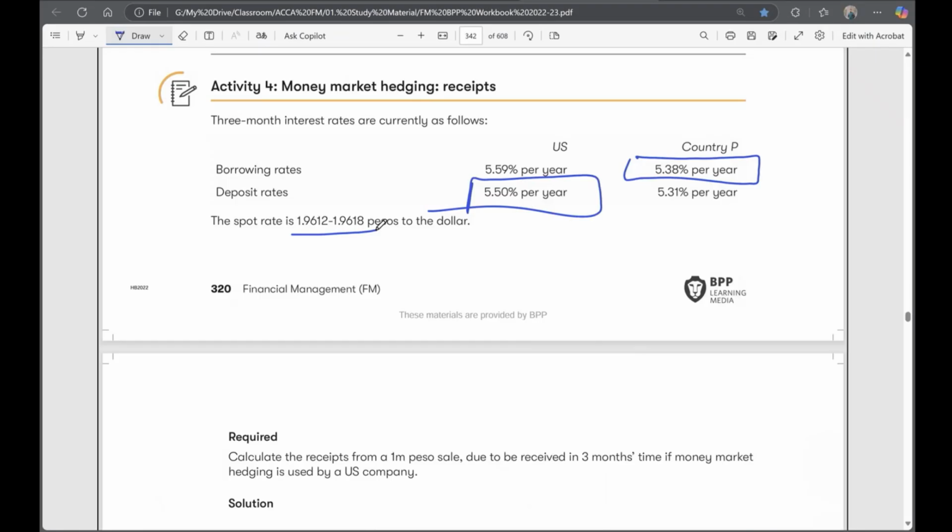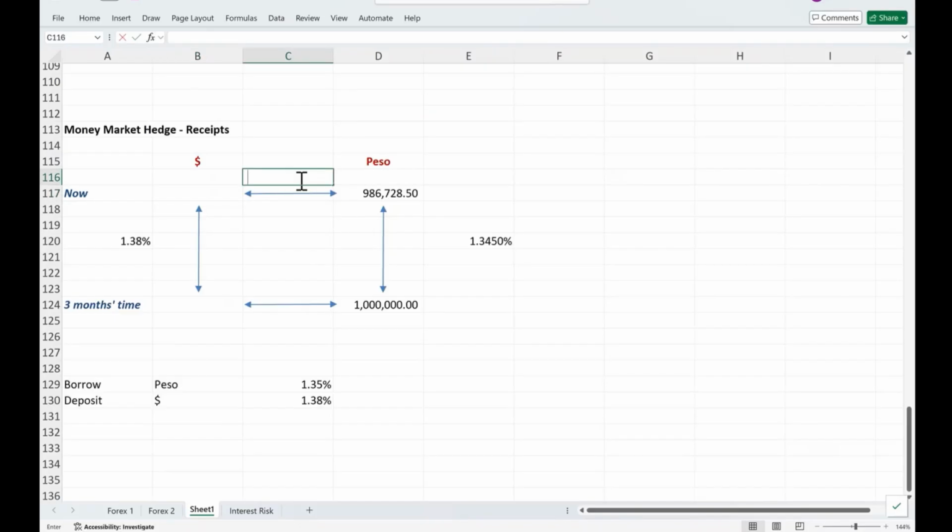Receipt means we need to lower the receipt, so in a division case we will use the higher rate, 1.9618 peso over dollar. I will convert it today. So I will borrow this much peso today, convert into dollars today and deposit into a dollar bank account today.